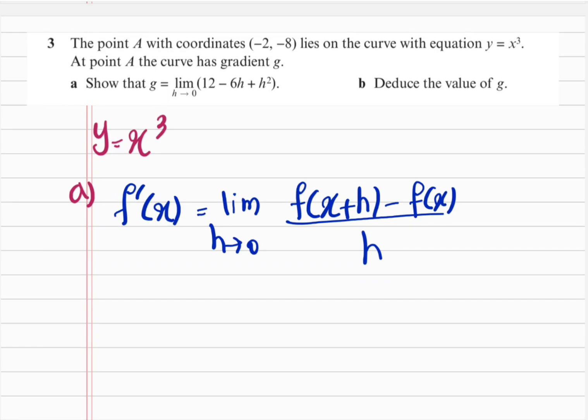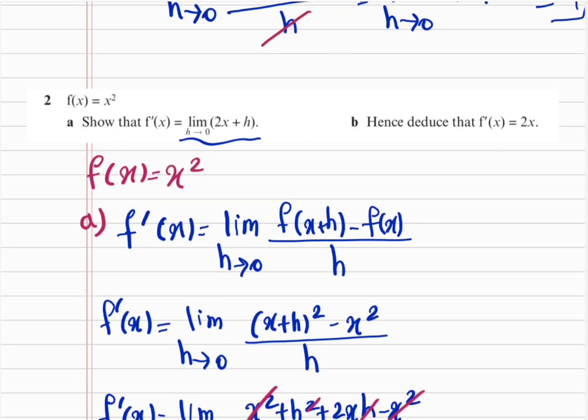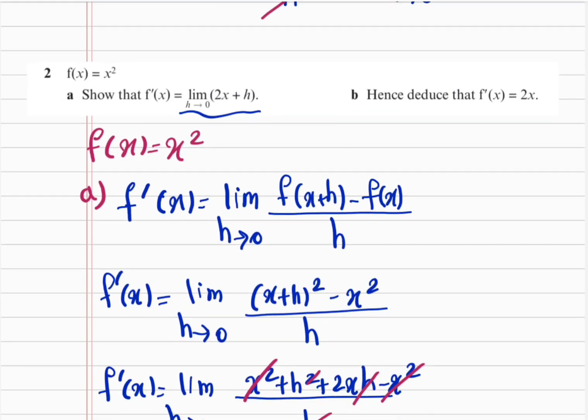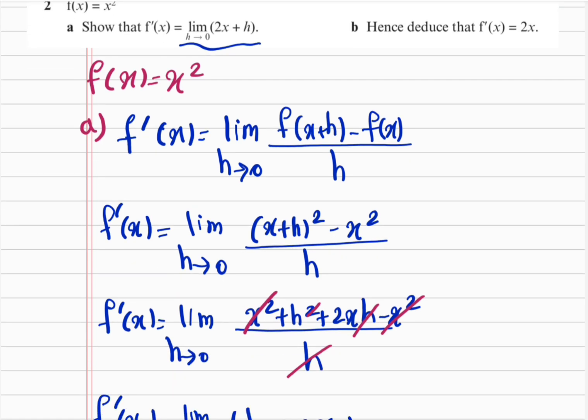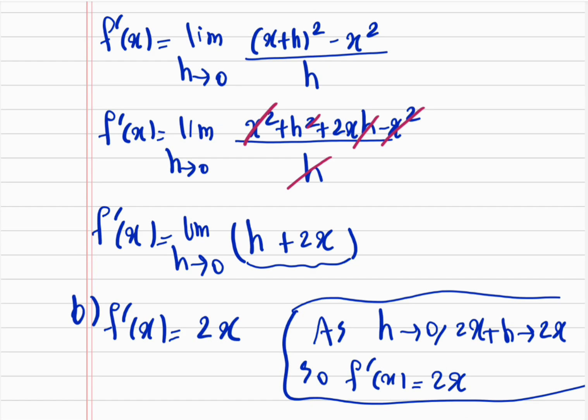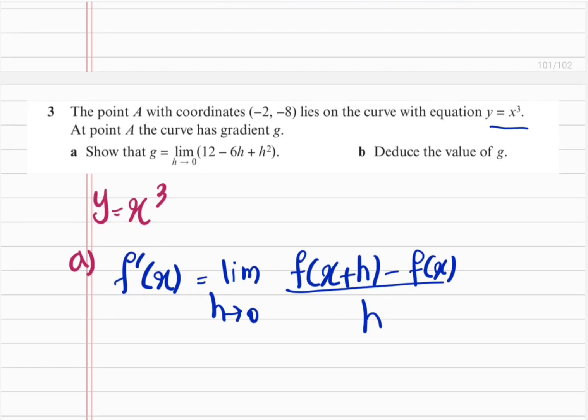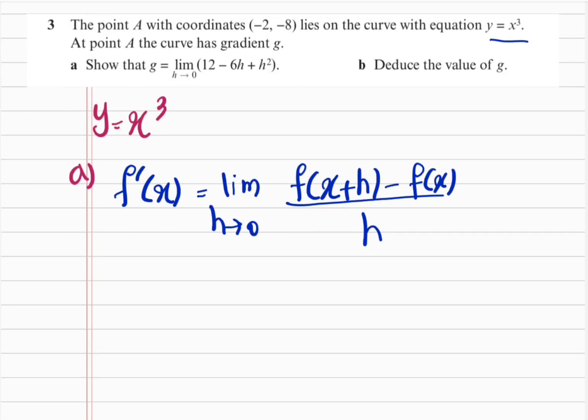It depends on the question, because sometimes, like the previous question, we had just the function x squared, and we wanted to show that the derivative is equal to this limit. In that case, you just substitute the function and keep going with just x. Whereas in this question, we have the function as well as a point, and we need to substitute both the function and the x coordinate of the point into the formula.